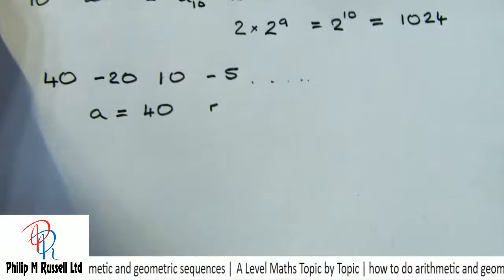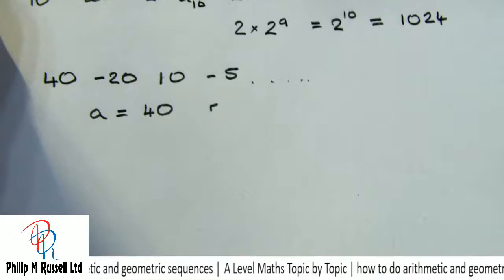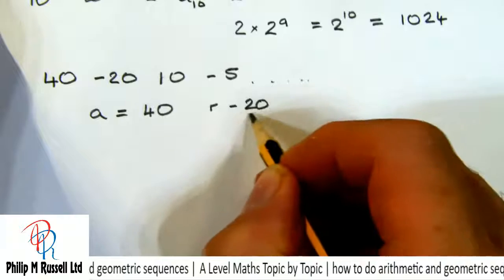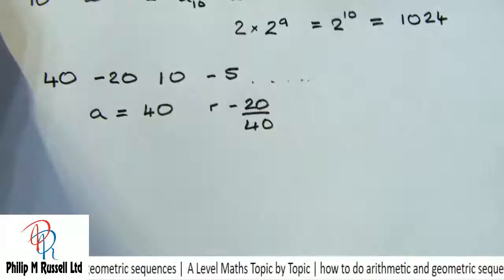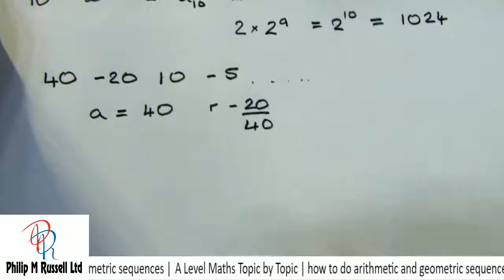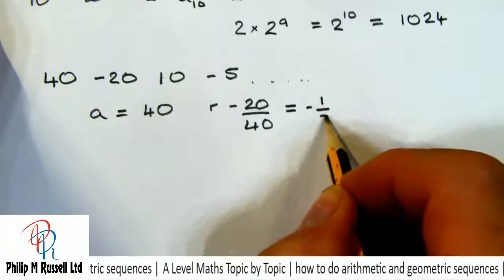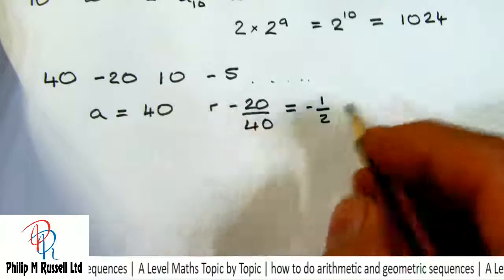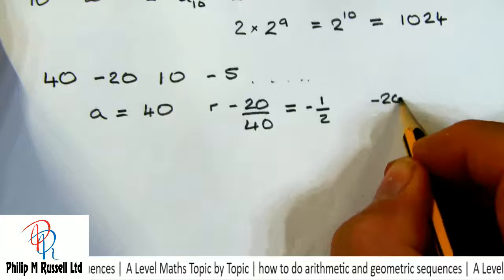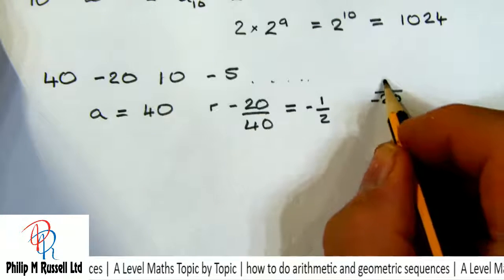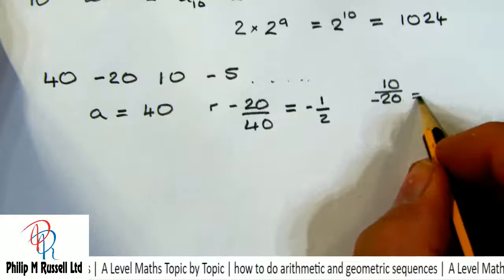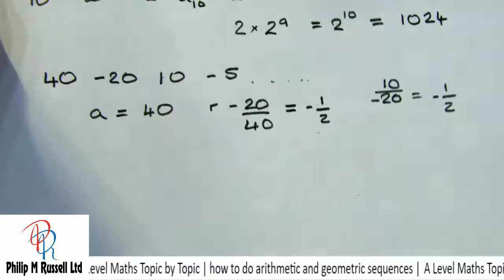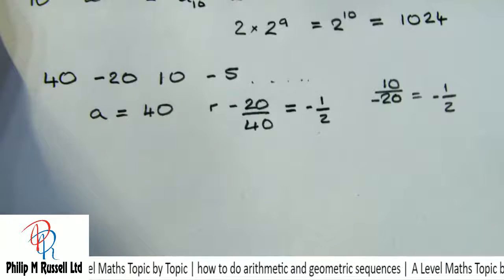My common ratio is basically going to be minus 20 over 40, which is going to give me minus a half. You can always check that by trying another one if you want to. Minus 20, and that's going to be 10 over minus 20, which again will give us minus a half. So we can work out our common ratio quite easily.